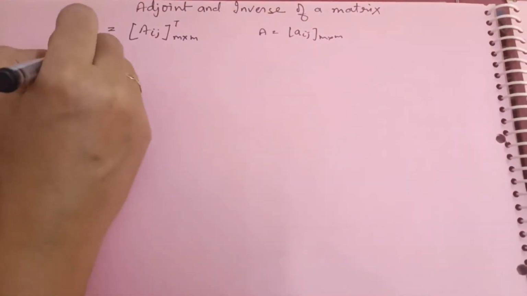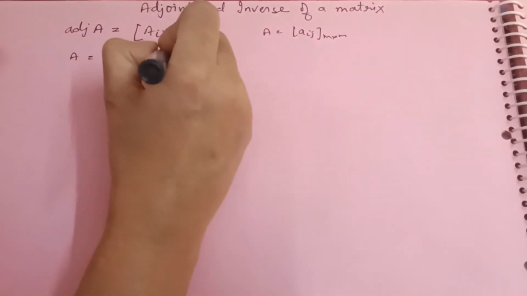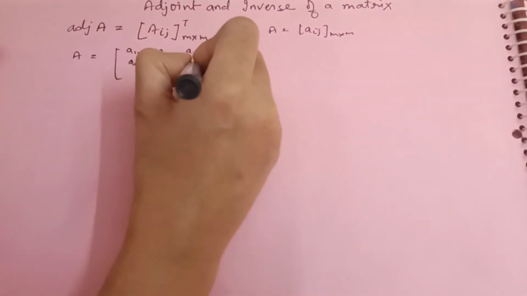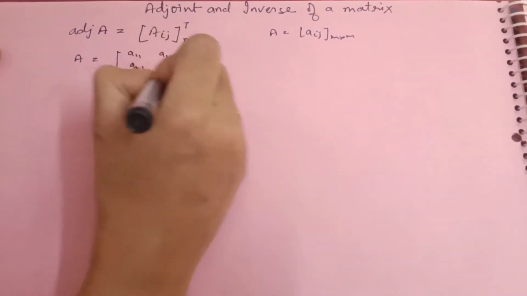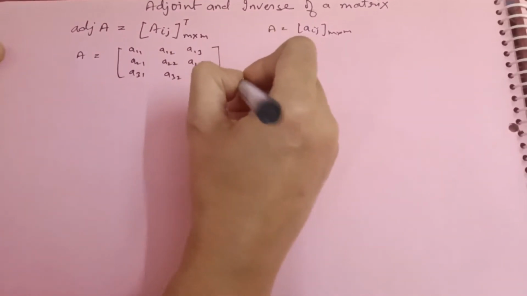The matrix of the cofactors means, if it is a square matrix of order 3, it is given as a11, a12, a13, a21, a22, a23, a31, a32, a33. This is your square matrix of order 3 cross 3.